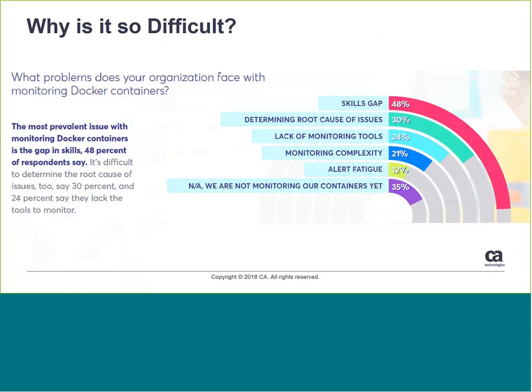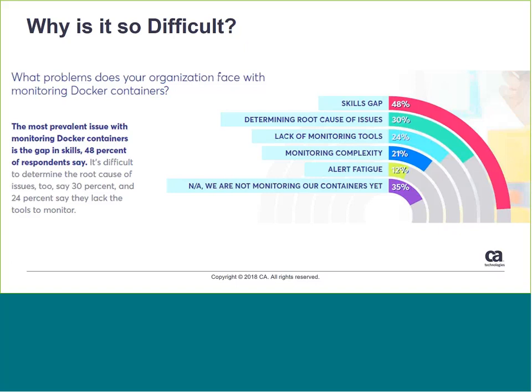So why is it so difficult to get insight into these complex environments? Surprisingly, the majority of respondents said there was a skills gap in monitoring and managing them, because they are managed differently and are so ephemeral. Determining the root cause of an issue is also very difficult because they are so highly dynamic.